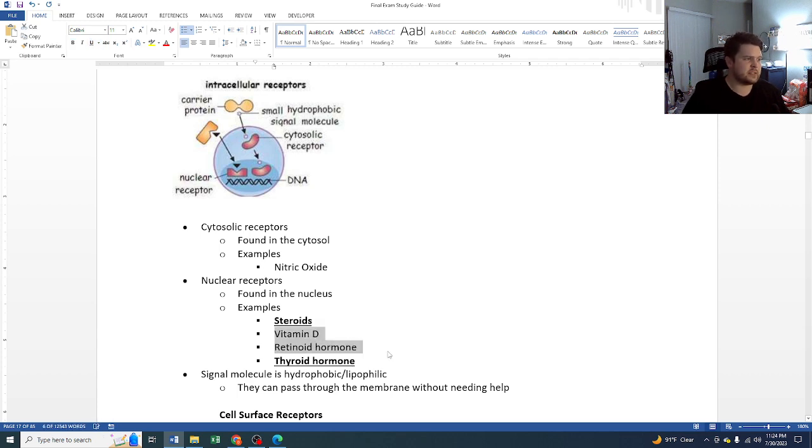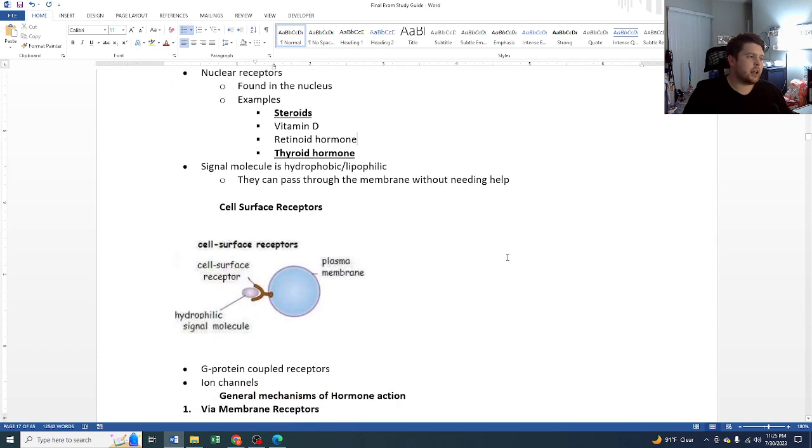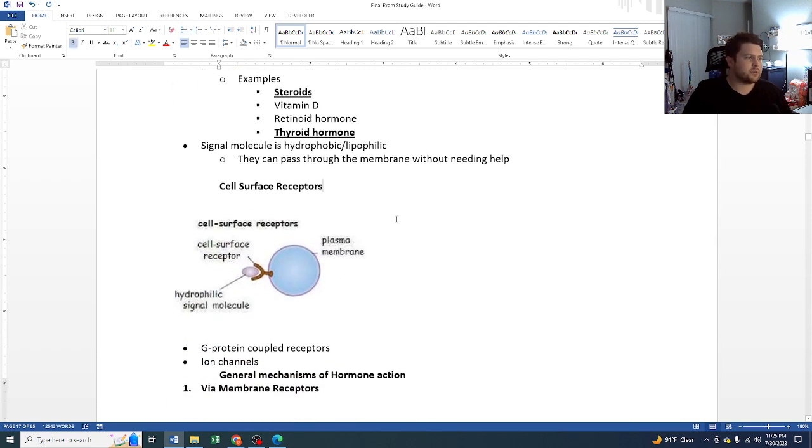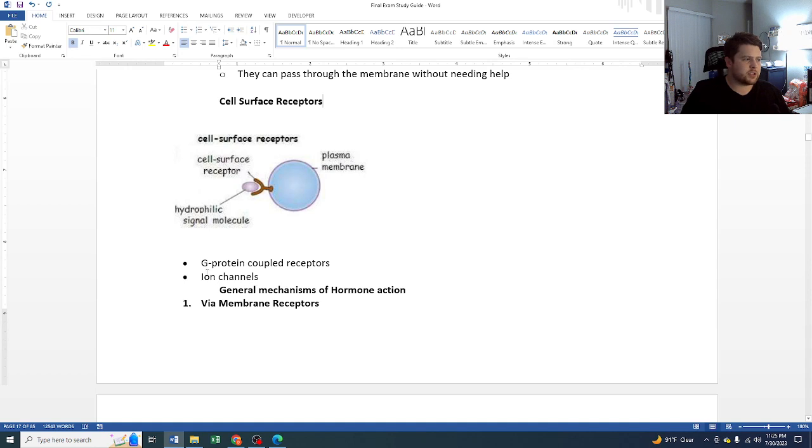It means that they're able to go through the membrane, the outermost membrane of the cell, and they go directly into the actual nucleus, where they then bind onto the nuclear receptors, which are going to have a direct impact on the DNA and the expression of genes in the DNA. We also have our cell surface receptors, such as our G protein coupled receptors and our ion channels.